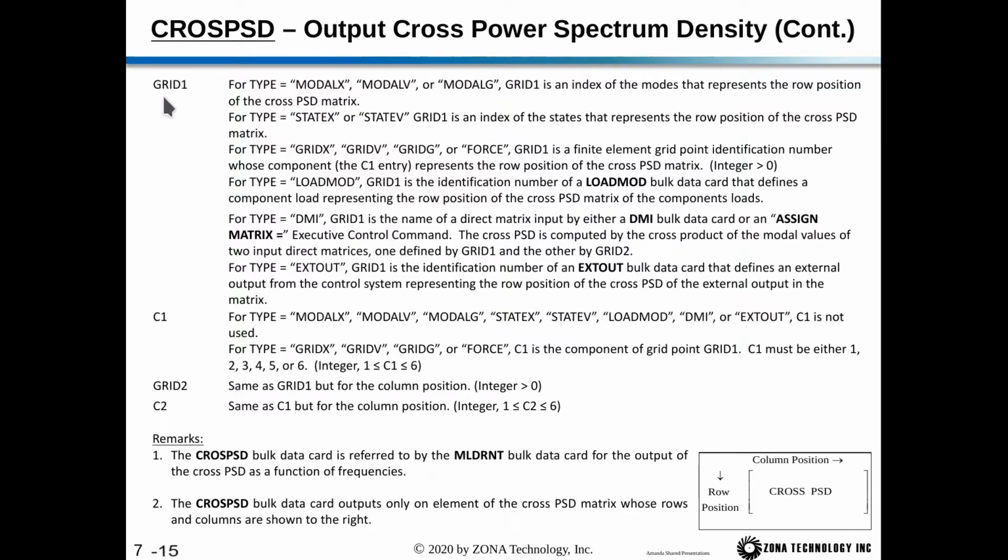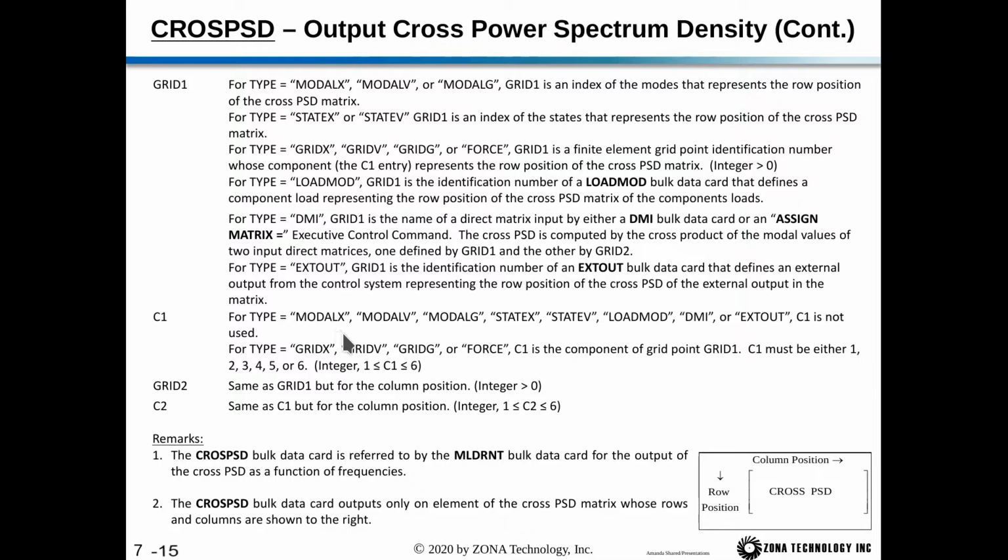Then next we have the two X and Y's. So grid 1 and C1 define the first component, and then grid 2 and C2 define the second component. So for modal X, modal V, modal G, grid is an index of the modes that represent the row position.